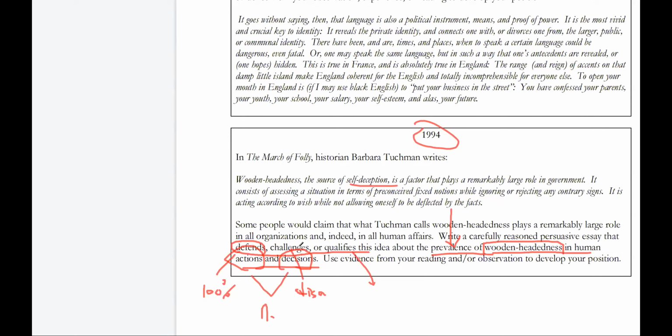So can we divide action or decision? Oh yeah. How? Action is a hypernym, right? What type of action? Can I say, okay, we conduct action all the time in our daily life, right?